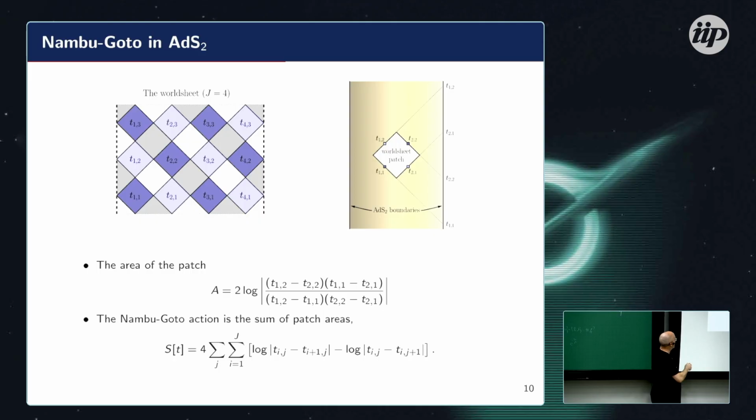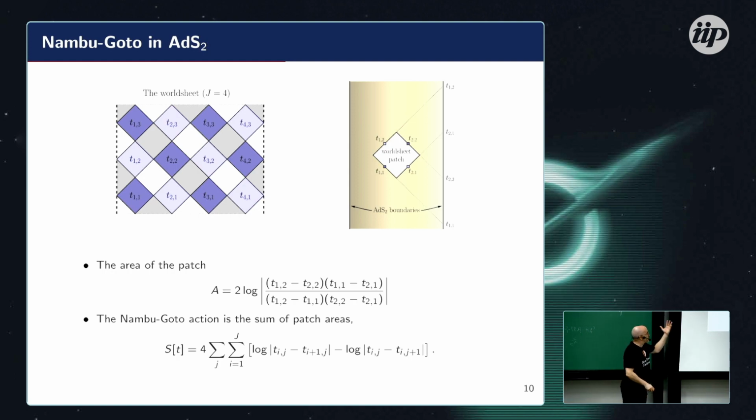So these 4 time values are precisely these 4. You can also think of just light cone coordinates, doesn't matter. I prefer to think about it in like a holographic way. You'll see why. Okay, you have 4 patches, so you can build these time variables all over the worksheet.